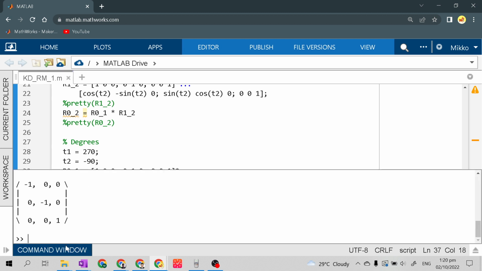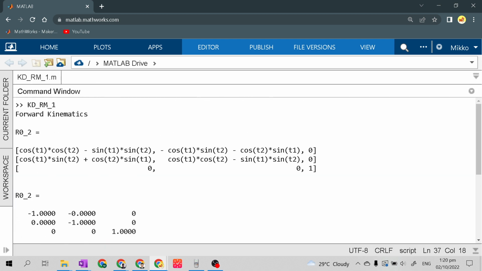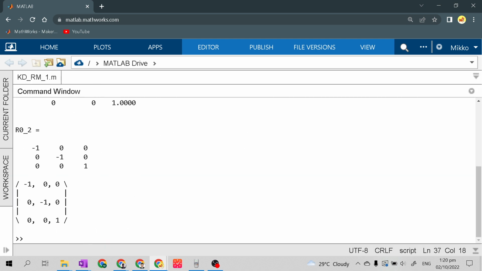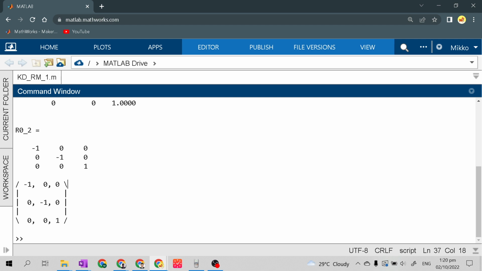So the answer is this. As you can see, it looks like an identity matrix, but it is not an identity matrix, because the one must be positive.